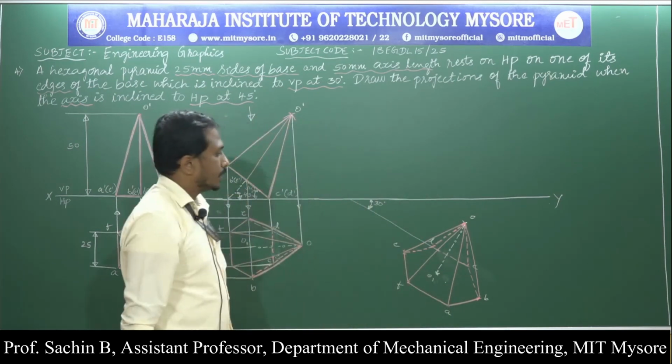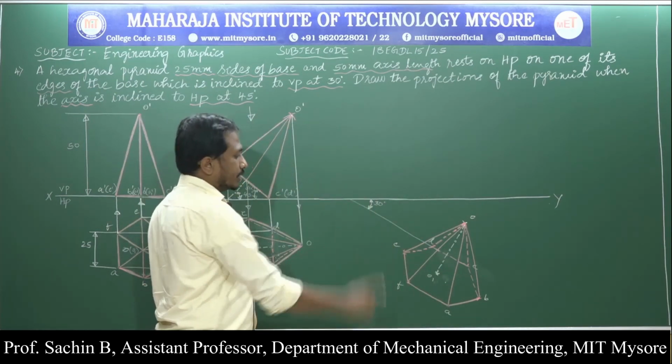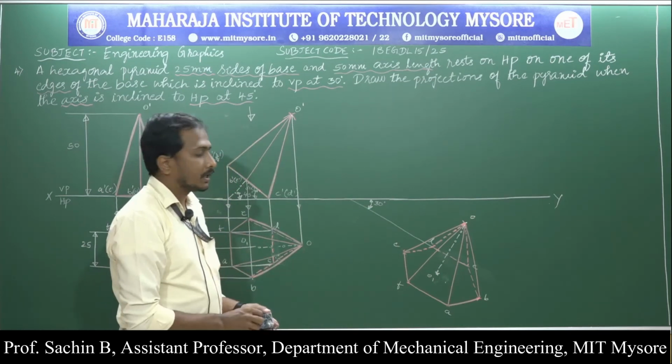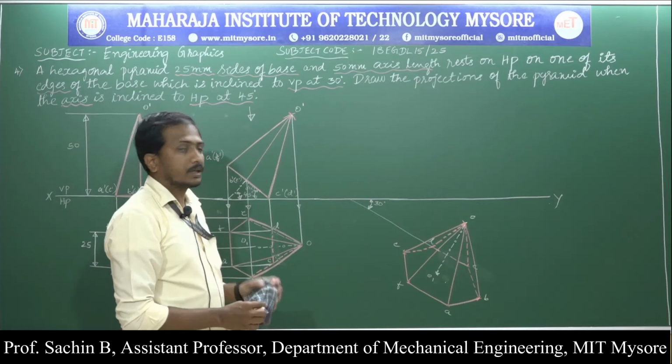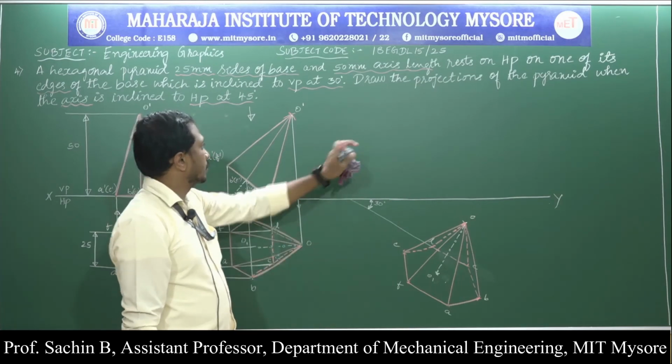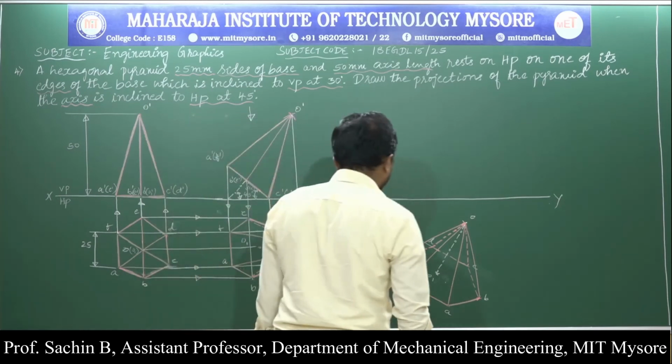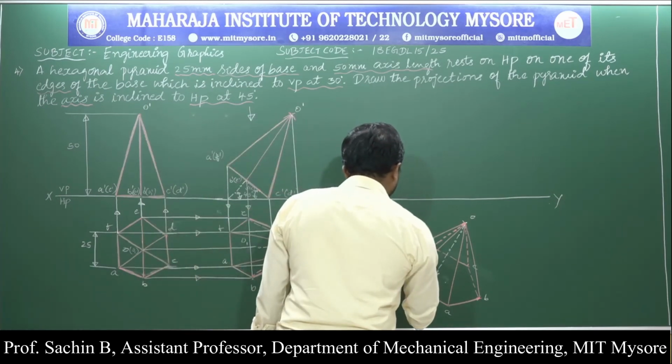Okay, now in the last position, the base edge, that is the resting edge, is inclined at an angle of 30 degrees. Now I need to construct the last position in the front view. For that, I will draw the projection lines from all the corners.